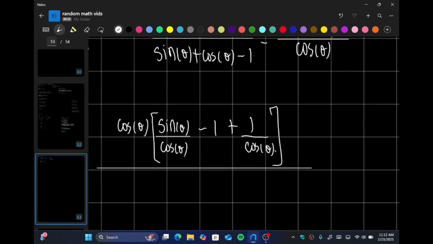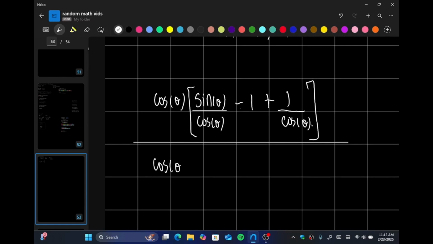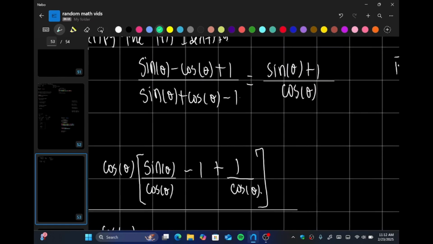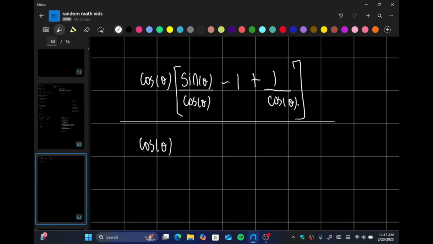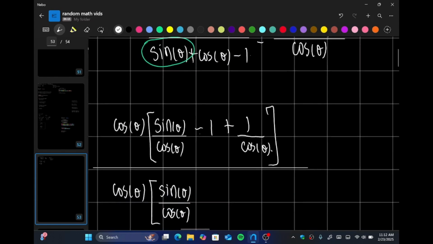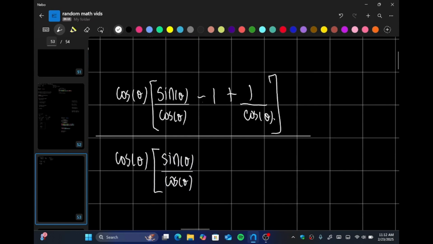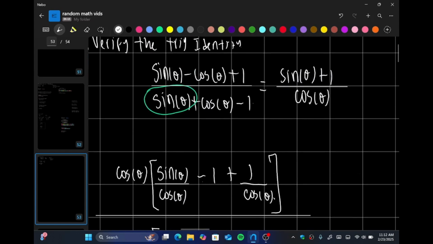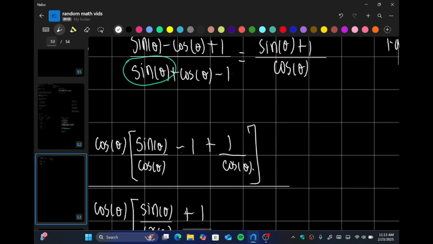And then on the bottom we're gonna do the same thing. So on the bottom, to get from cosine theta to sine theta, we're going to do again times sine theta over cosine theta. Okay, guys. And then it is going to be plus 1, my bad, plus 1, because you can check this by the distributive property, guys, to make sure that you factored it correctly.